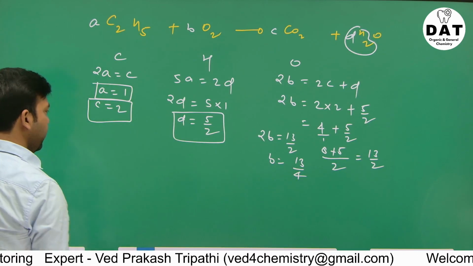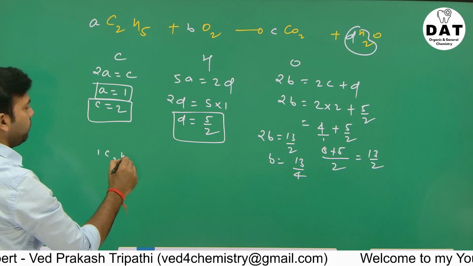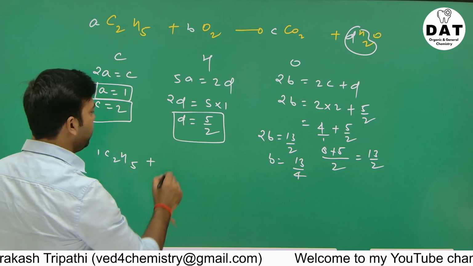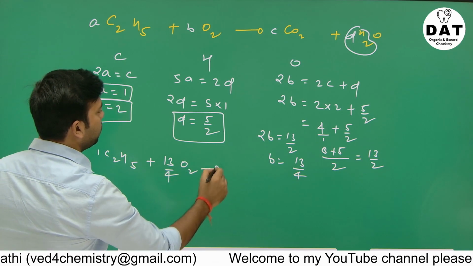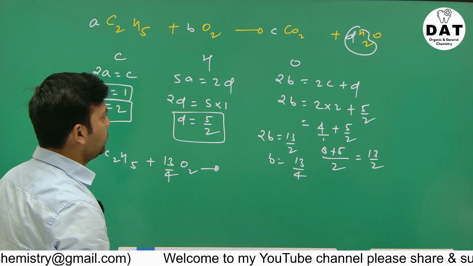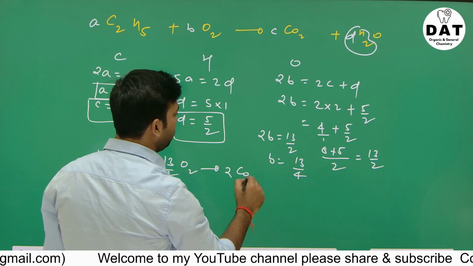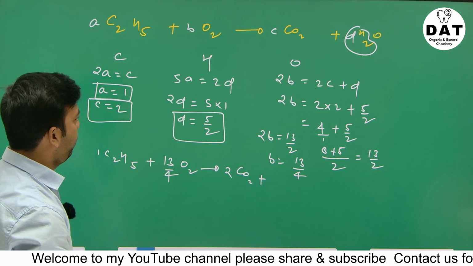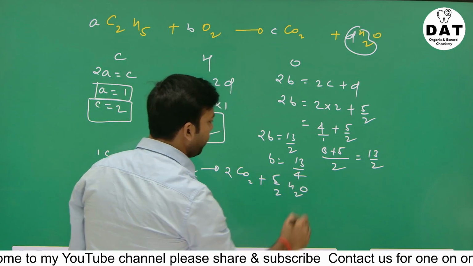So please put the values. So look at, A value is my 1. So 1 C2H5 plus B value is how much? 13 by 4 O2 gives C is how much? C is 2. So 2 CO2 plus how much D we have? 5 by 2 H2O.